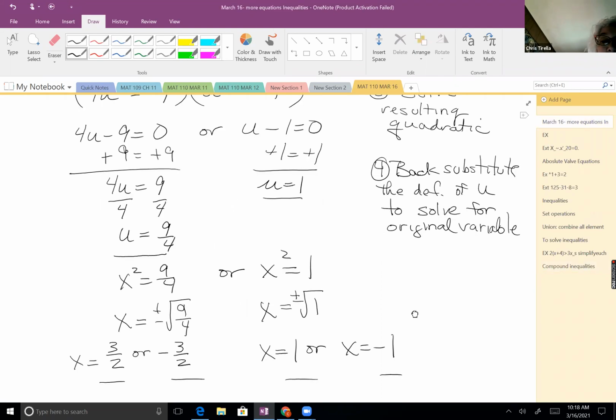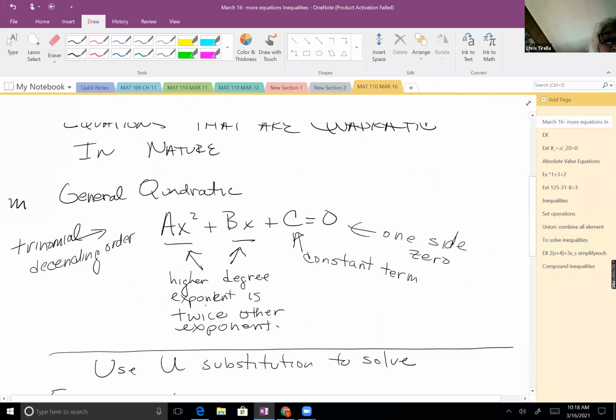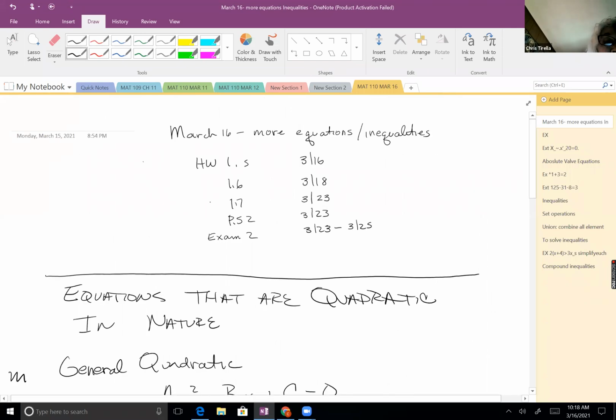Initially, I had thought that we would not get to the absolute value inequalities until Thursday. And so that homework is not due until next Tuesday. And I would have the test available for you folks next week from Tuesday to Thursday.